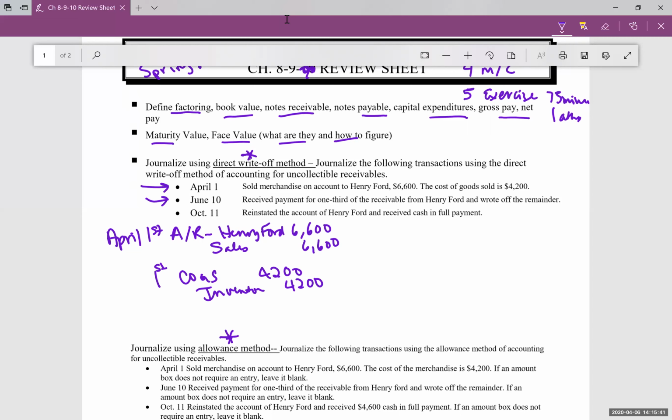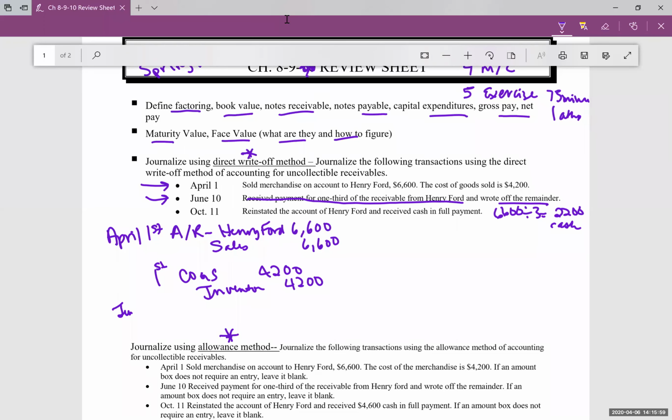Then on June 10th, they received payment for 1/3 of the receivable and wrote off the remainder. Okay, so 1/3, if you take the 6,600 and divide it by 3, 1/3 of that is 2,200. That's the part that they received payment on, the cash. So on June 10th, got to record the cash of 2,200.